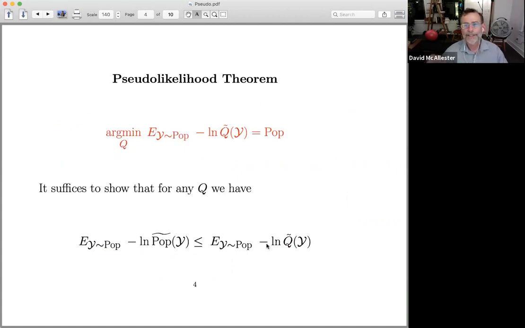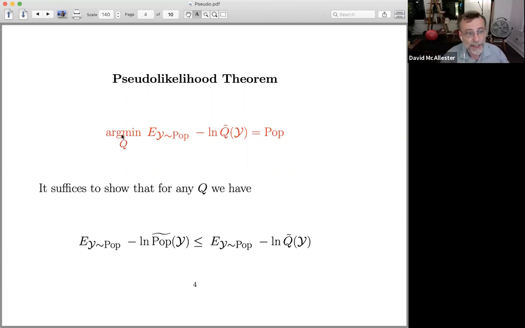And now there's this nice theorem associated with pseudo likelihood, which is if I assume universal expressivity. So I assume that the model I'm training can be any distribution, right? So assume it can be any distribution. And in that case, we're looking at the argmin over all distributions of this pseudo likelihood loss function on that distribution.